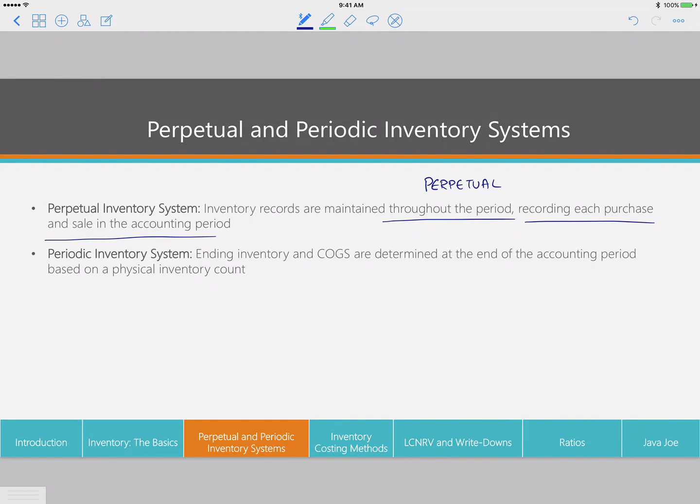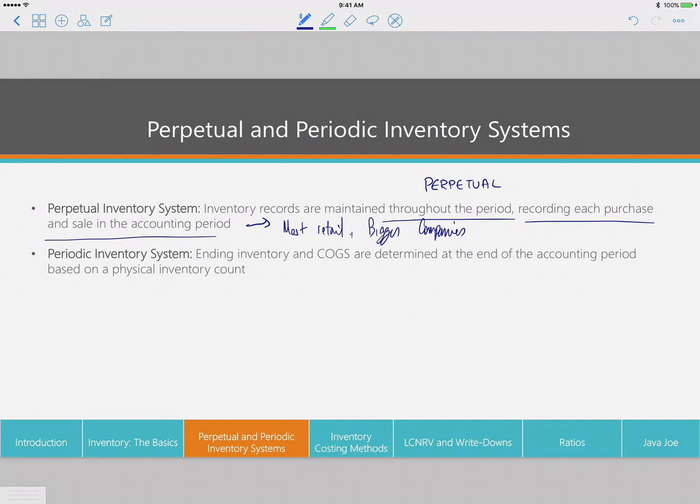So you'd have a computerized inventory system, and anytime that a good was purchased or sold, you'd scan it and you'd keep track the entire time. So this is most retail stores. Most retail, bigger companies will generally do this. They have the resources to manage their inventory in such a way.